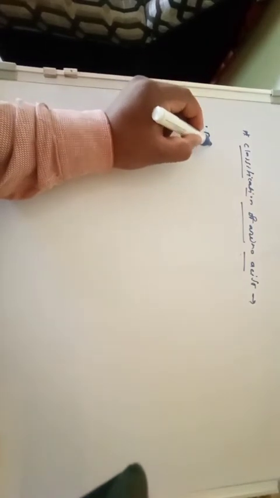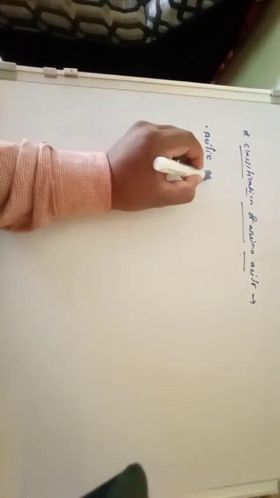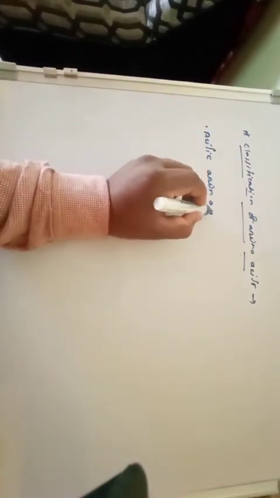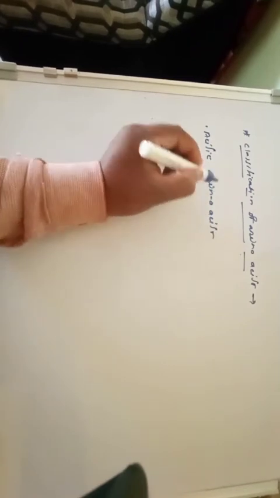Let us discuss some acidic amino acids and basic amino acids. Here you consider acidic amino acids, and here we consider basic. An amino acid having two carboxylate groups is considered an acidic amino acid.